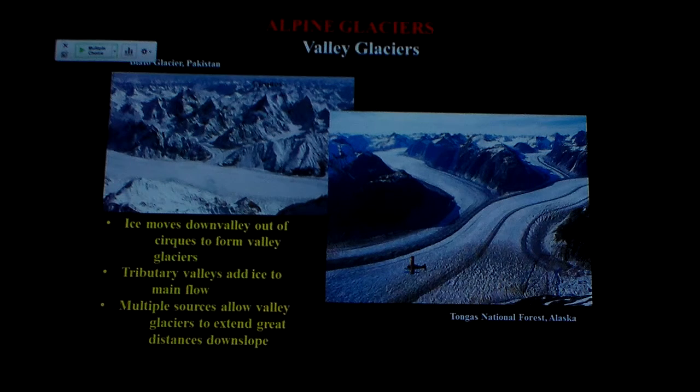Here, the valley system flows with ice. And a lot of the same principles work. You can see here where a lot of ice is coming down this valley, over here another one, and they're all coming together and flowing down this main central valley, just like tributaries in the headwaters of a stream.